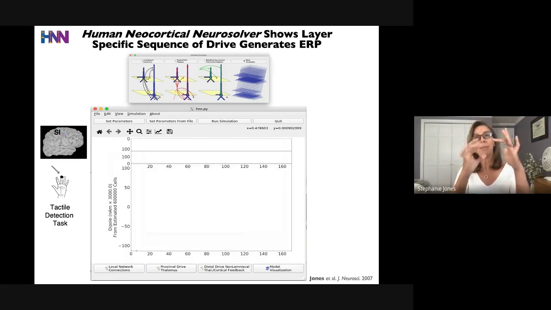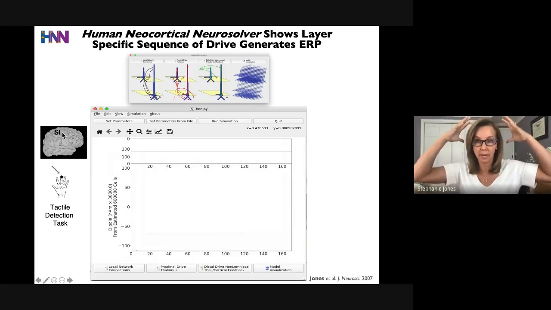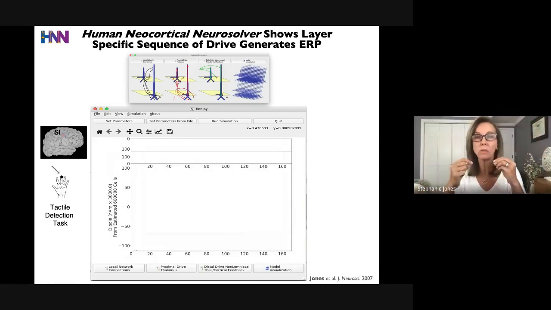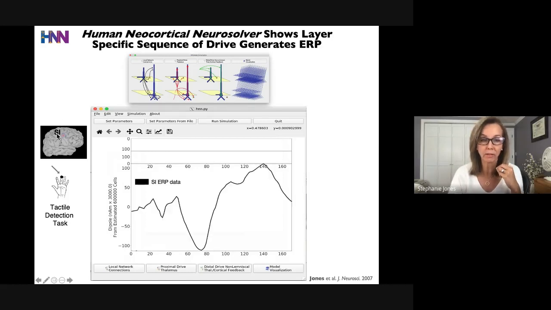So when you tap the finger and you record from the hand area of S1, we're taking our sensor-level data, applying a source localization technique, and isolating the contribution to the signal from this hand area of S1. When we look at the response from that, and this is from just a strong tap to the finger, where the subject reports they felt it every time, you can see that there's this very reliable tactile evoked response.